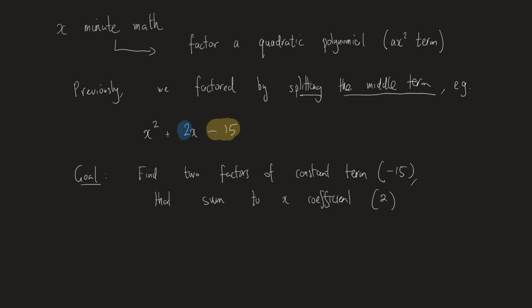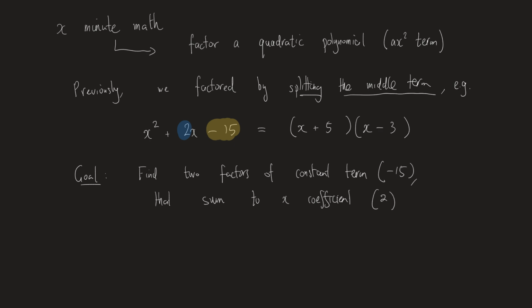Now, if we're methodical about this, we can find that 5 and negative 3 are such a factor pair. Okay? And we use those to form our product, x plus 5, x minus 3.